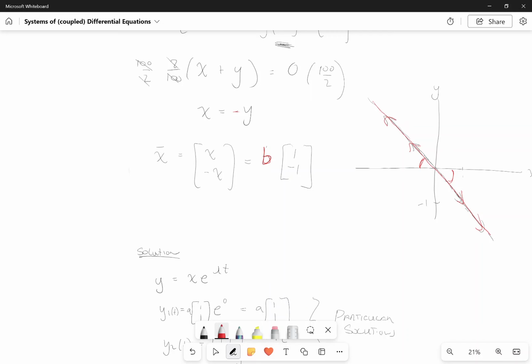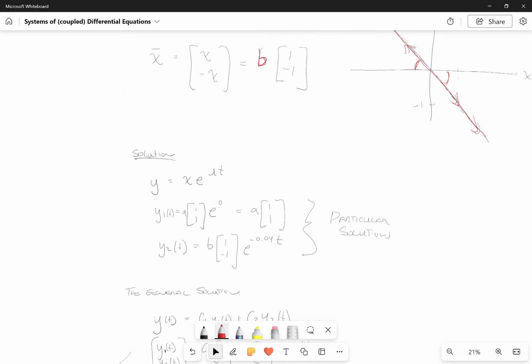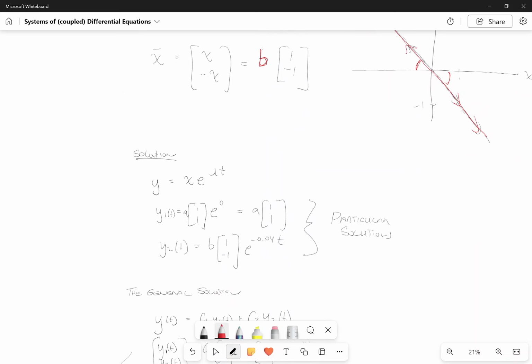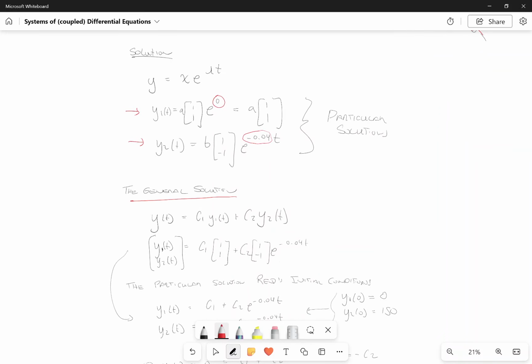Fine. So we've got two eigenvectors that correspond to the two eigenvalues that we got. This is y1, eigenvector number 1 with eigenvalue of 0. This is eigenvector number 2 with eigenvalue negative 0.04. The general solution is the scaled sum of the two particular solutions.